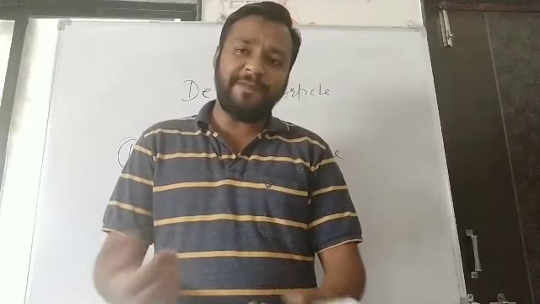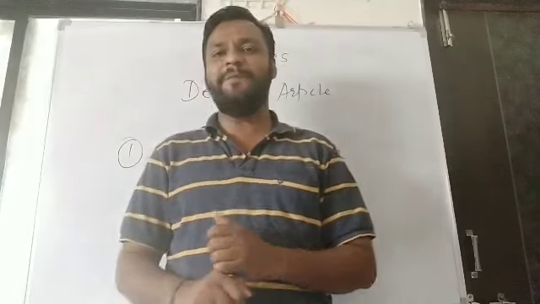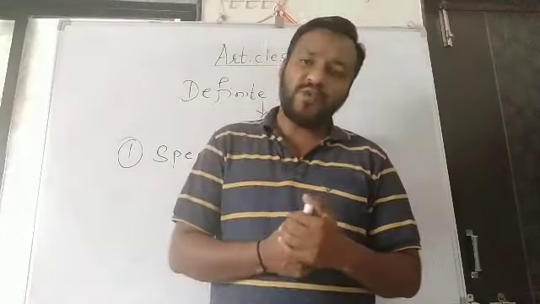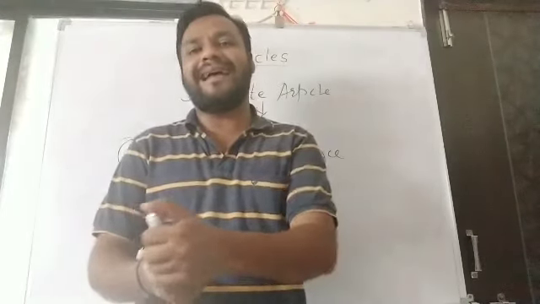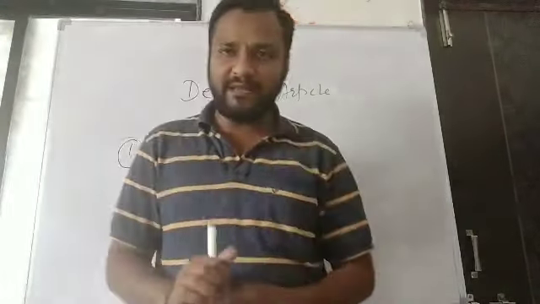Now, what is specific reference? It's very easy. Specific reference means that the listener should get an idea about what exactly the speaker is speaking. I will explain through some examples.